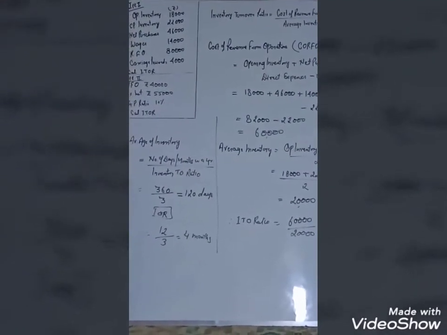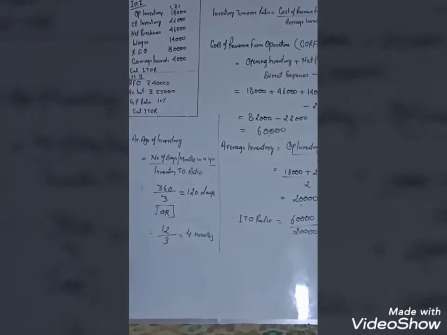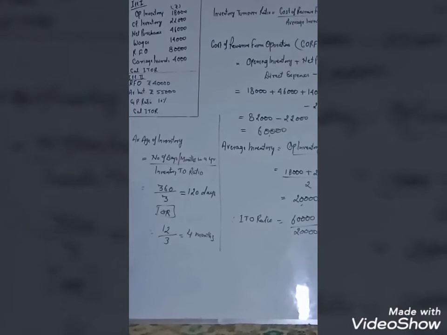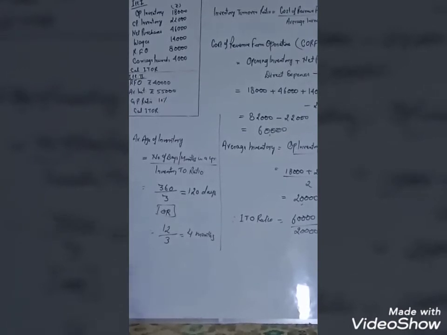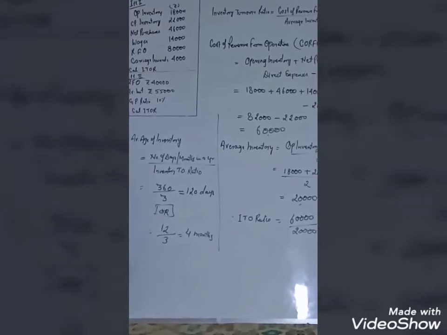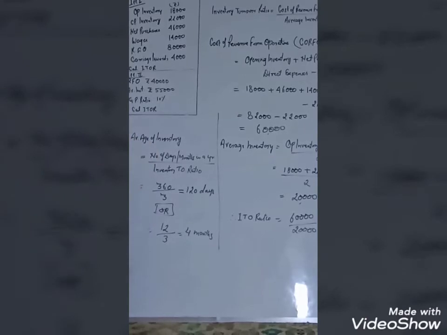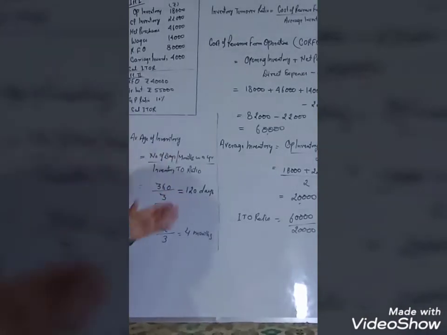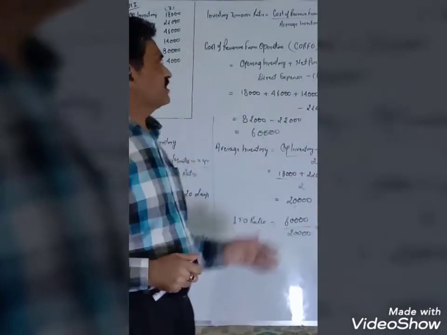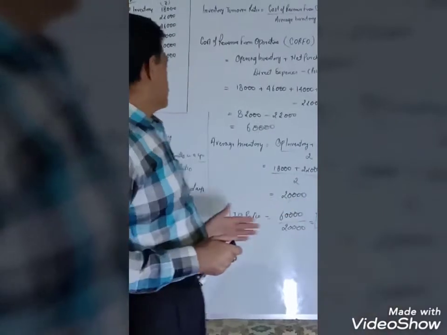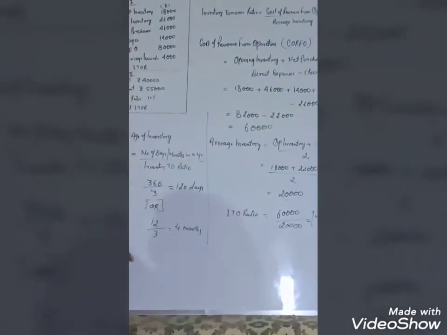Inventory age of 120 days or 4 months implies that on an average the money blocked in inventory gets converted in revenue from operations in 120 days or 4 months. If the inventory turnover ratio goes up, the average age of inventory will go down and vice versa. This is the calculation of inventory turnover ratio and average age of the inventory.